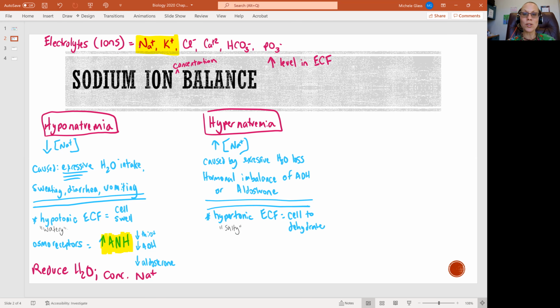So remember, fluid will shift or move from a hydrated area to a dehydrated area. So in this case, if our extracellular fluid is really salty, really concentrated, that's going to pull water into the extracellular fluid. So this hypertonic solution is going to pull water from the cells.